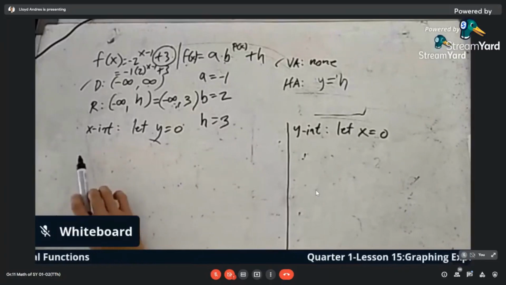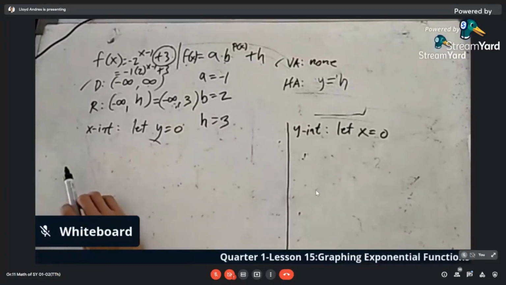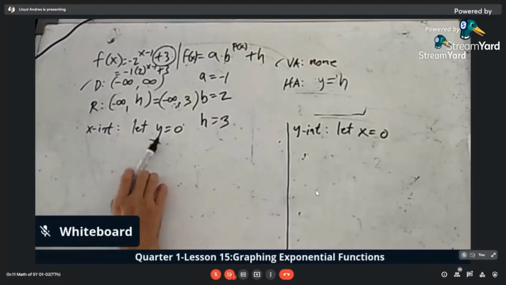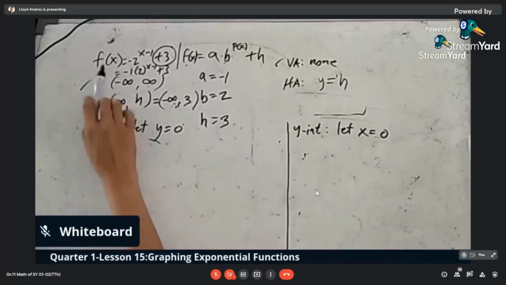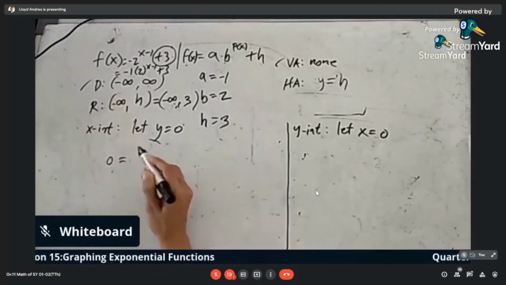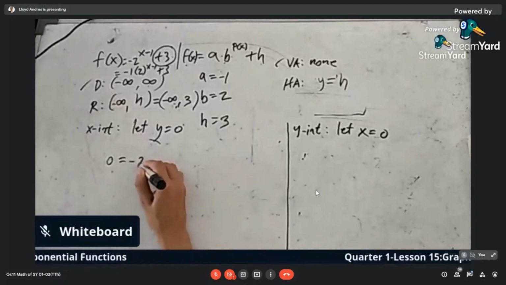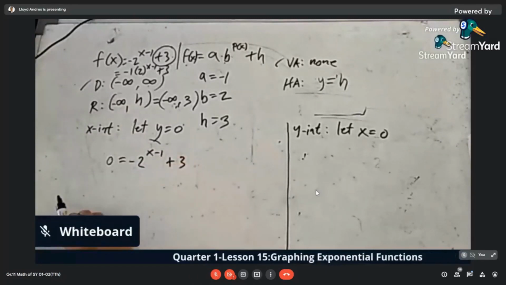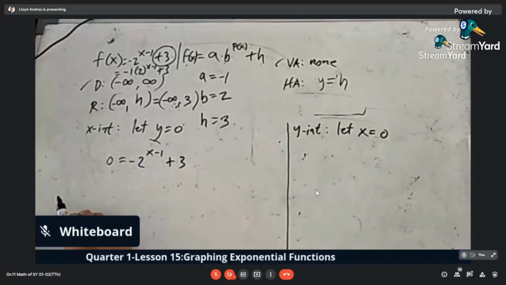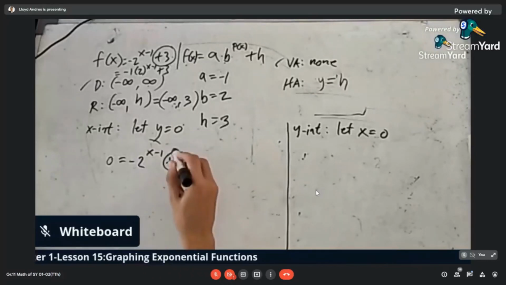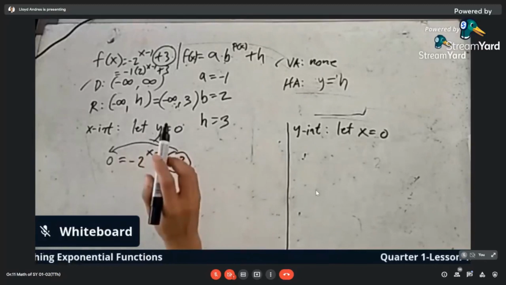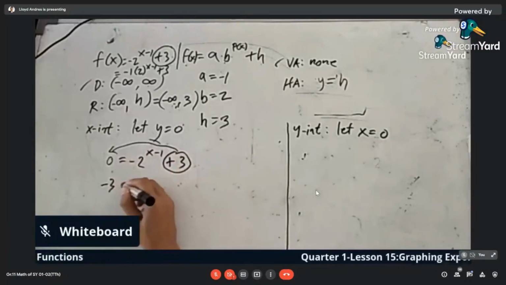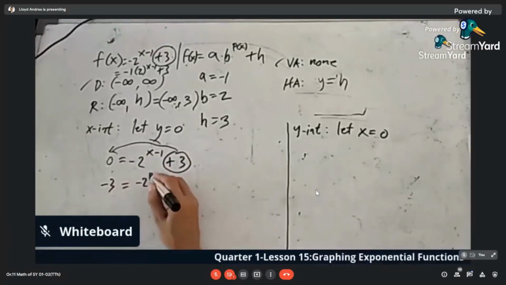So manang domain of range, x-intercept. So then, x-intercept, we let y equals to 0. So, ang f of x, muna atong y. At 0 na siya. So, copy lang si negative 2, x minus 1 plus 3. Sunod. Palhining, wala man ni constant. So, this becomes negative 3 equals to negative 2, x minus 1.